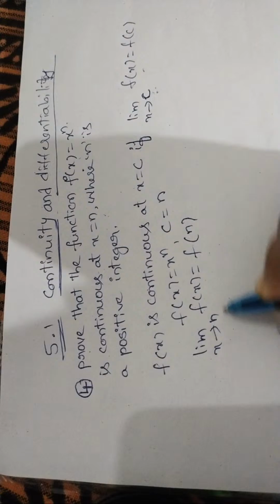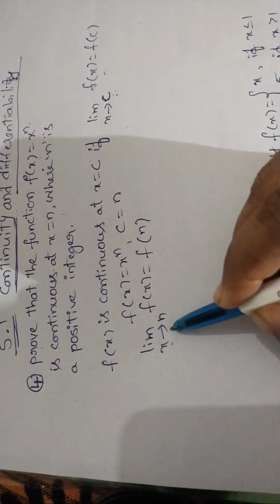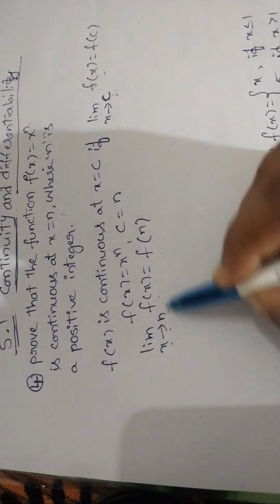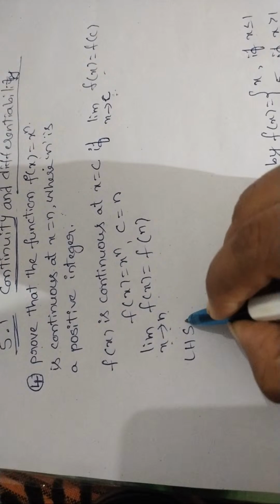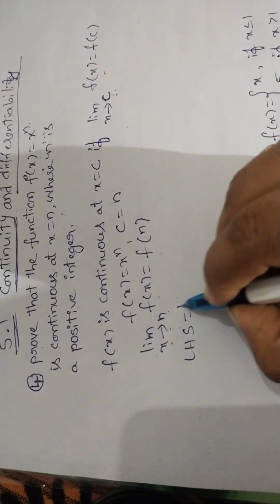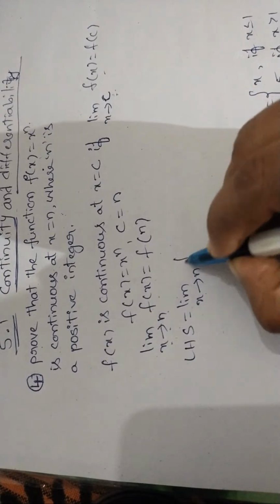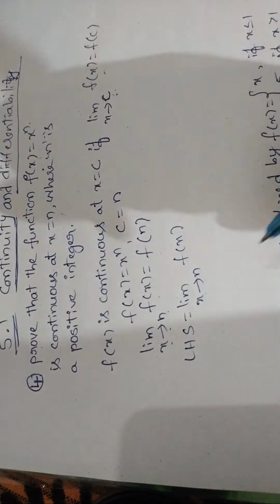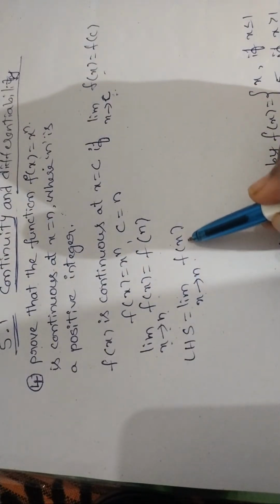Now take LHS. The left hand side is limit x tends to n, f of x.